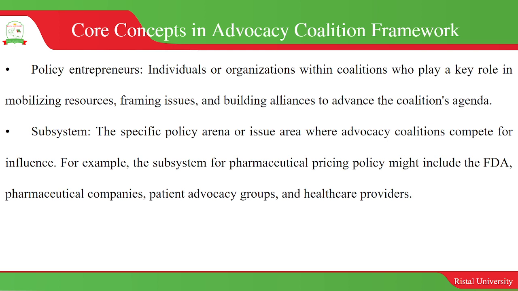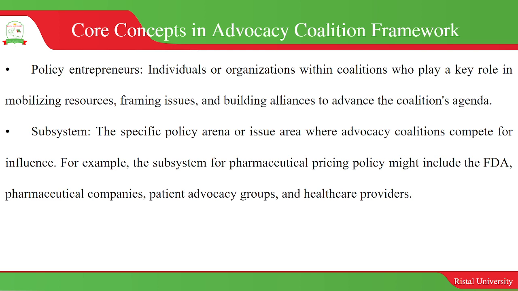And then the subsystem is very important for you to note that this coalition comes from different agencies, different associations, different groups, different unions. So that means that if you're looking at a health matter, that health matter can result into coalitions of people from different sections of the health industry.